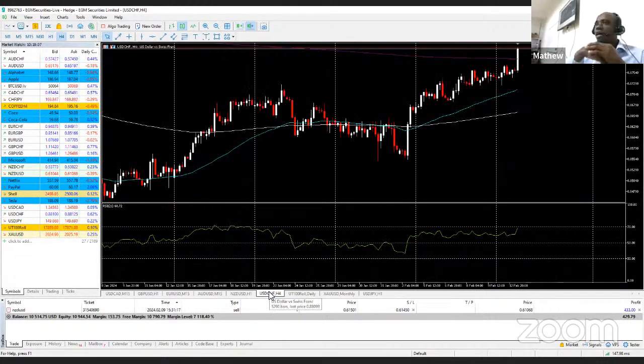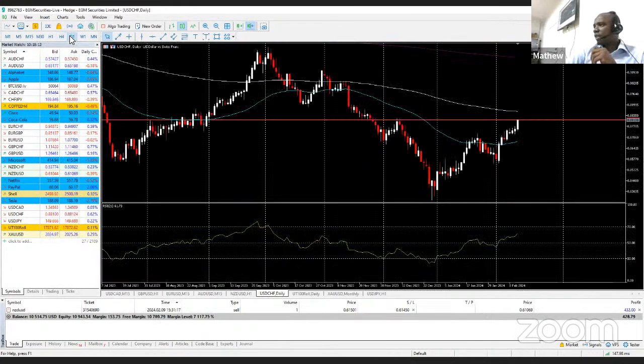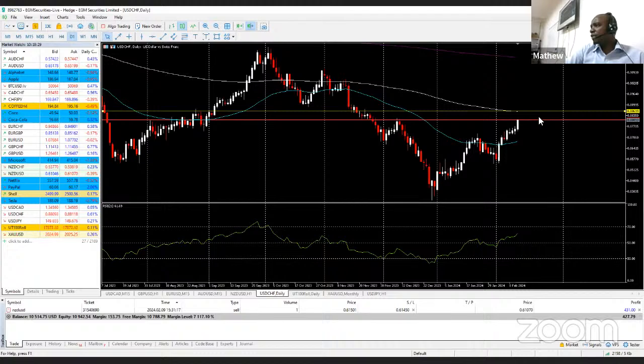So let's look at USD CHF. I remember I did an analysis on USD CHF, but then again, let's have a look at this. So what's the expectation on USD CHF? We could see USD CHF hitting these highs. The first area of resistance will be that moving average on the daily.